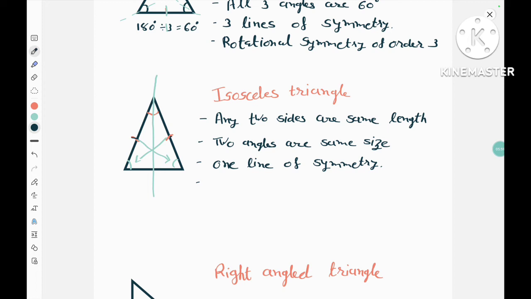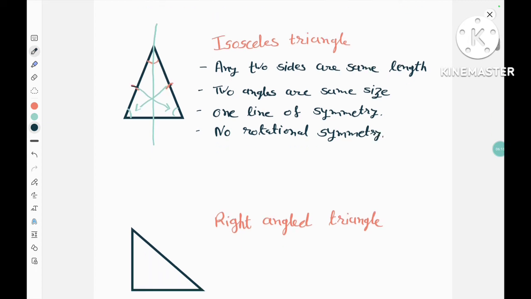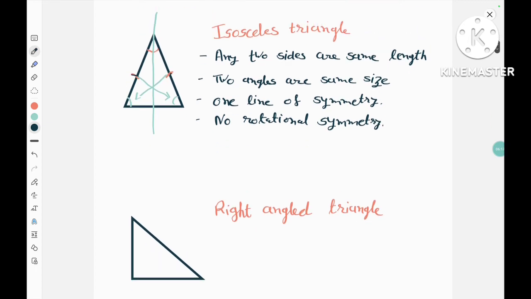Okay. How many orders of rotational symmetry? 0. So, no rotational symmetry. Okay, so these are all four properties of the isosceles triangle.